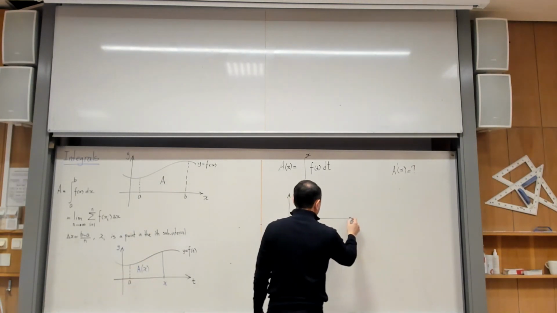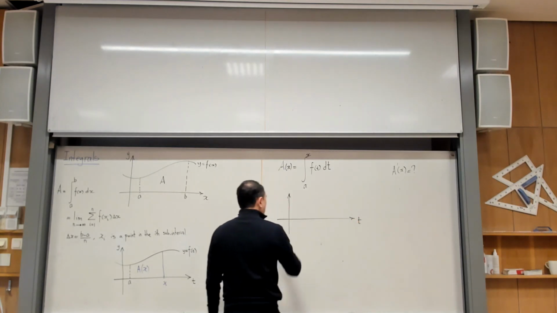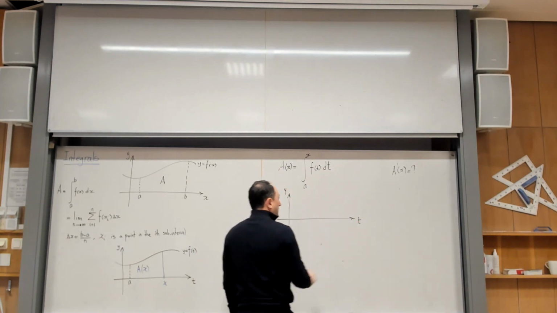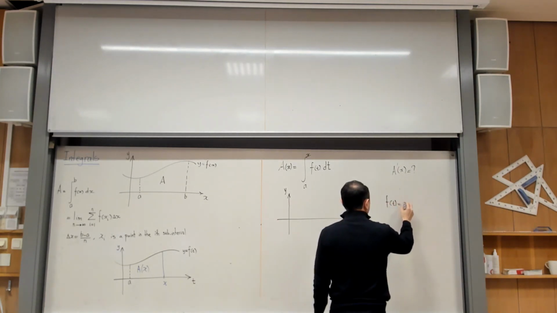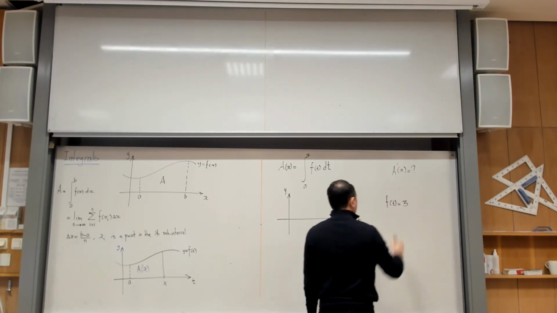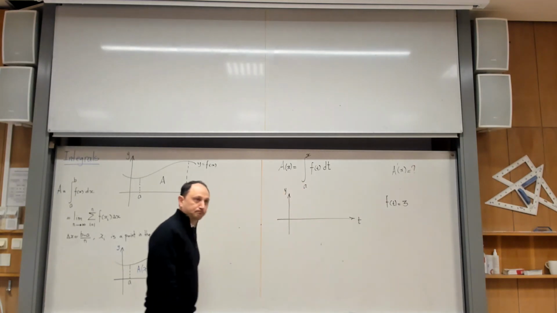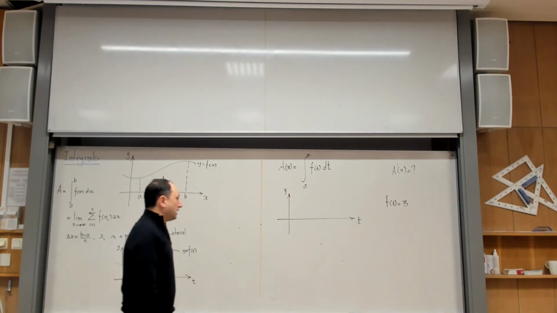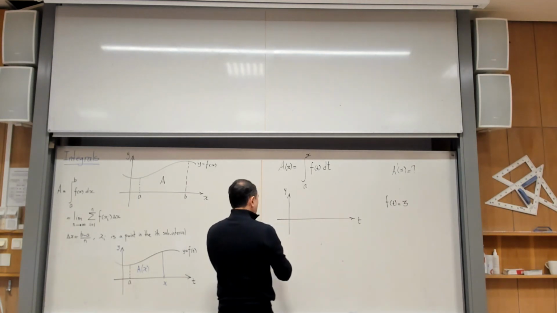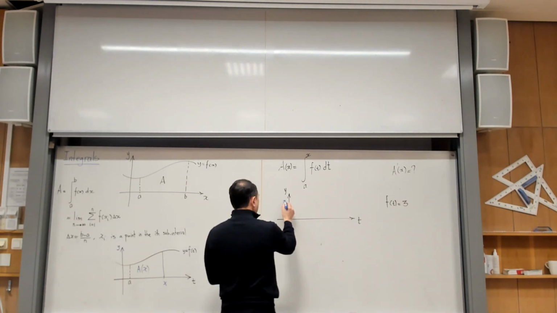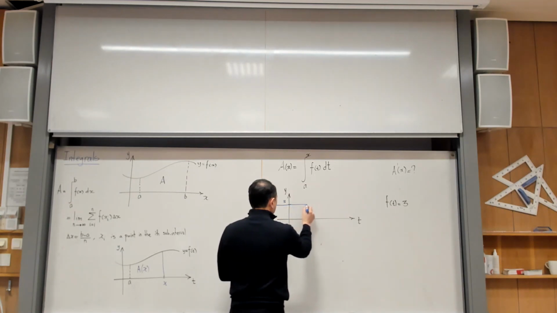So I have this t-axis and this y-axis. Let me consider this function f of t, which is a constant function, by the way. For example, let me just take f of t to be 3. And I draw this, it becomes a horizontal line, which is this one.